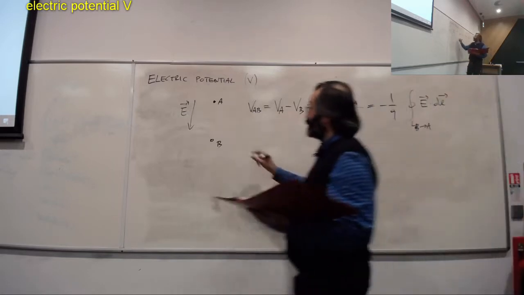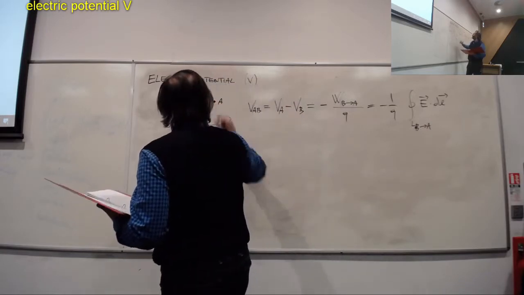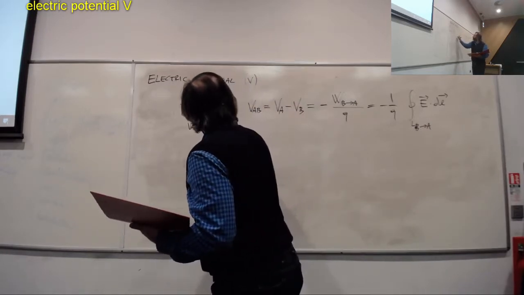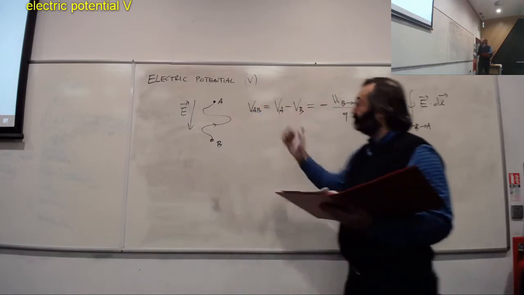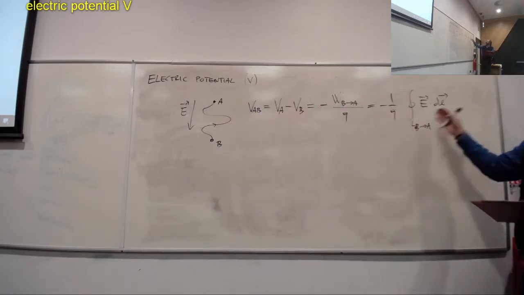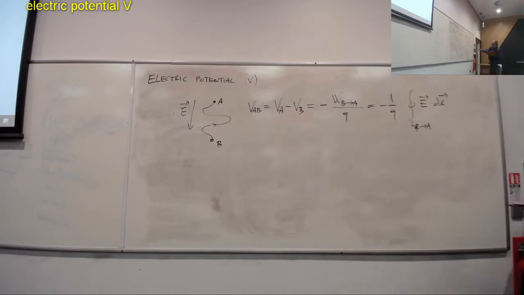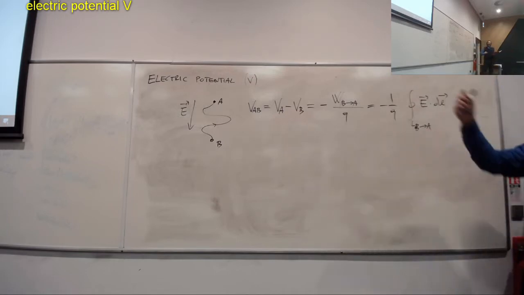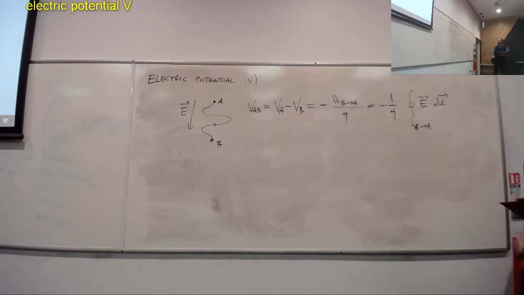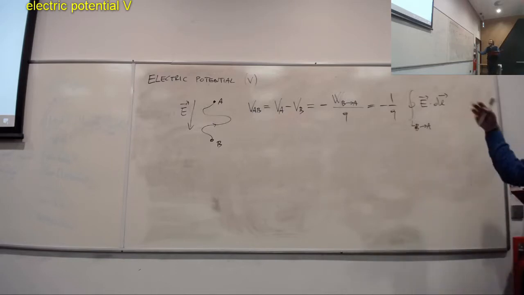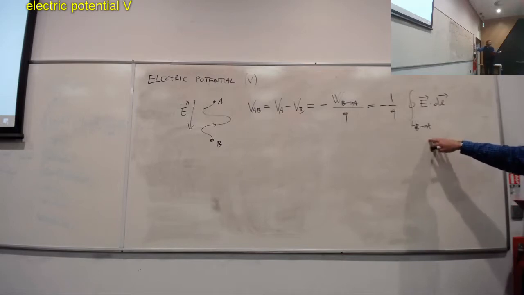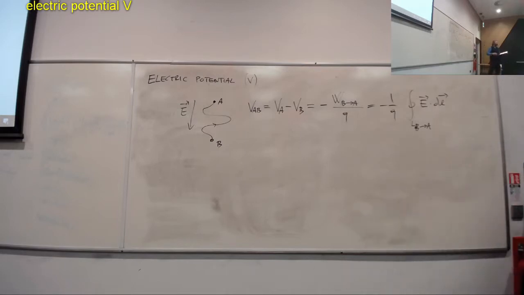I can choose a path from B to A. The work done is calculated by integrating the product between the electric field and the infinitesimal displacement, all over a path from B to A. Actually, because of the properties of the electric field, you could choose any path. The result would be the same.